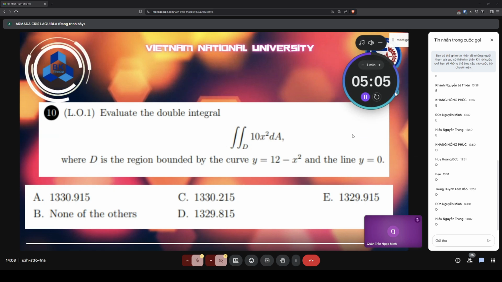Are you using an application to answer this question? Please do not do so. You have to write. That is why I give you some time, so that you can practice solving these problems. Okay?